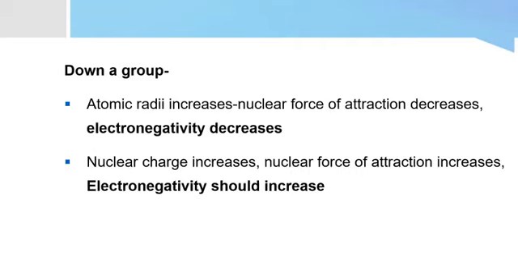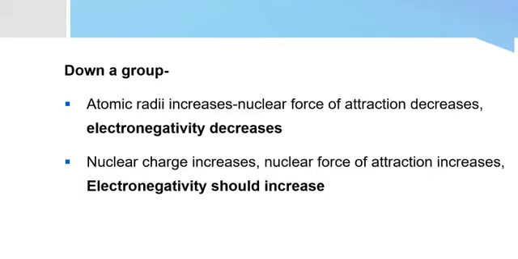As we move down a group, the atomic radius will increase because the number of shells is increasing, so the nuclear force of attraction will decrease. Electrons will not be accepted easily, so the electronegativity decreases. Also, as we move down a group, nuclear charge will also increase, so the nuclear force of attraction will increase, so electronegativity should increase.